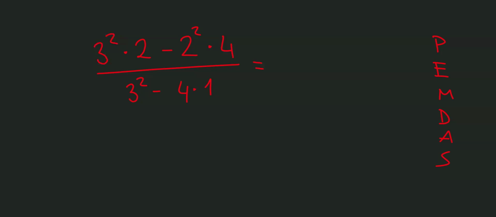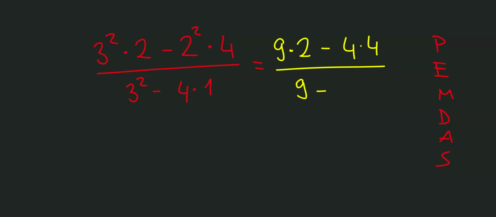3 squared 9 times 2 minus 2 squared is 4 times 4. Now let's focus on the denominator. So we have 3 squared, which is 9 minus 4 times 1, 4. So again, let's look at the numerator. So in the numerator, there is multiplications and subtraction.